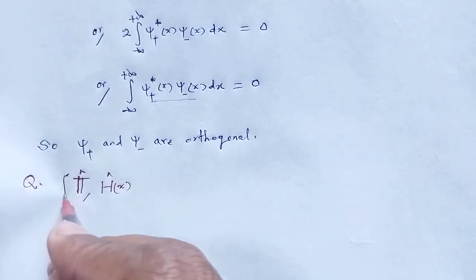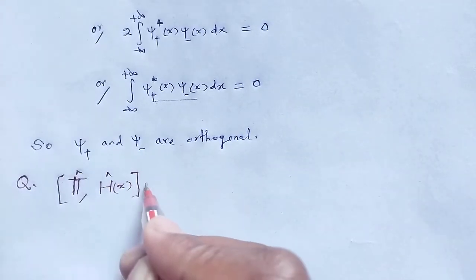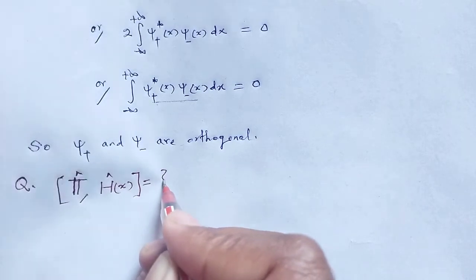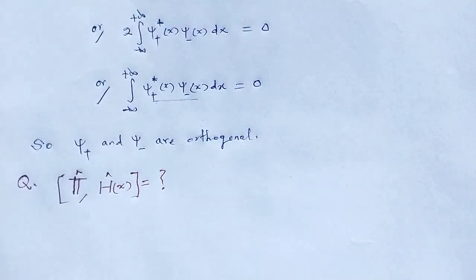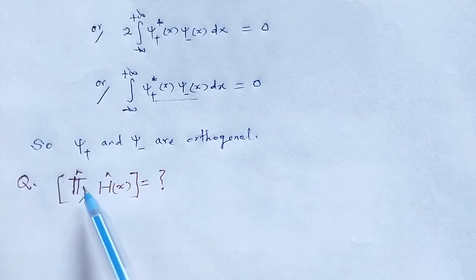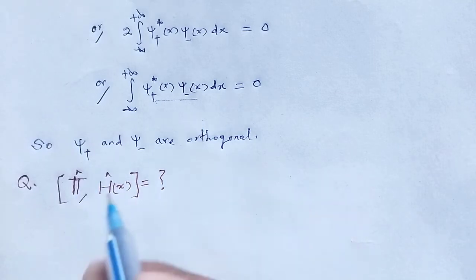What should be the commutation relation between the parity operator and the Hamiltonian operator? Where pi cap is the parity operator.